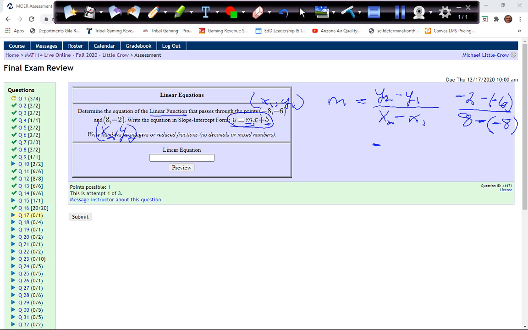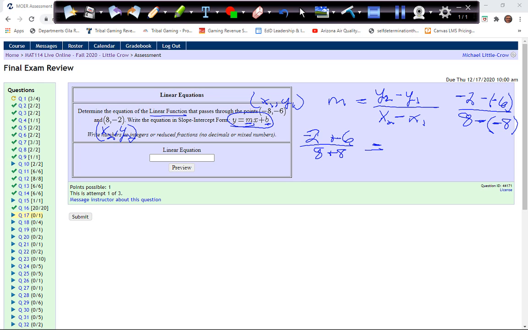So we end up with negative 2 plus 6, and in the denominator 8 plus 8.